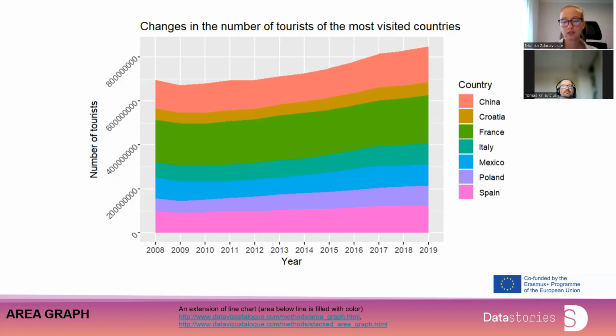Yeah, so as Tomas mentioned, it is the same information shown in this graph. As we can see here, the green color takes the most place, it is the biggest area. So that means that France is the most visited country of all of these countries. So that's the same information as in the previous graph.